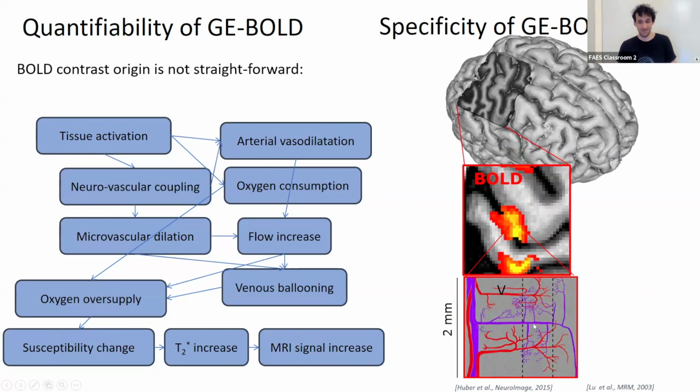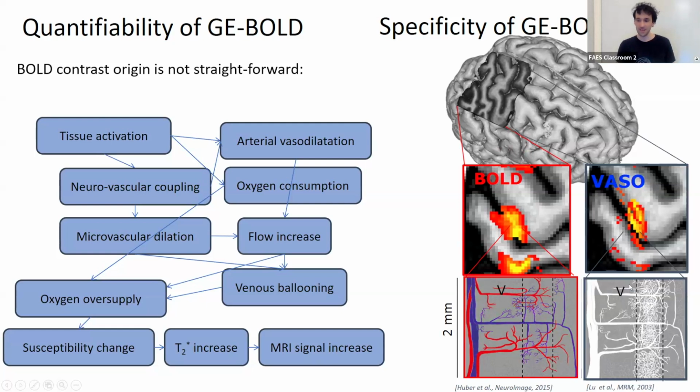And the oxygenation changes have actually moved from the location of the neural activity further downstream and are now in a different location. So rather we want something that's much closer to the neural activity, something early on here, for example, like blood perfusion or vasodilation or the oxygen consumption.